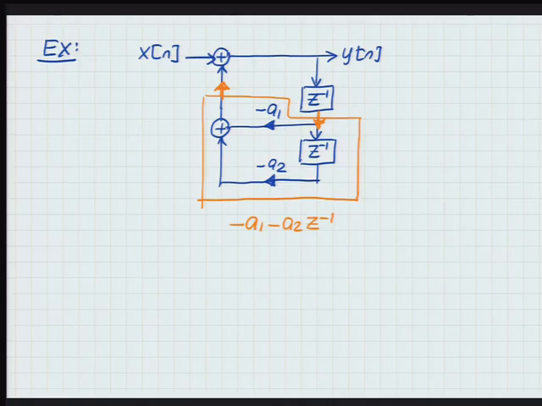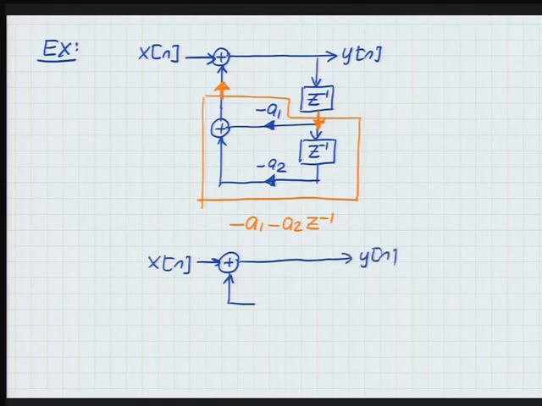Okay, so with that, now that we minimize that orange box into a single transfer function, what remains is simple. It is just that orange box, Y[n] at the output. There's a Z inverse, and its output.